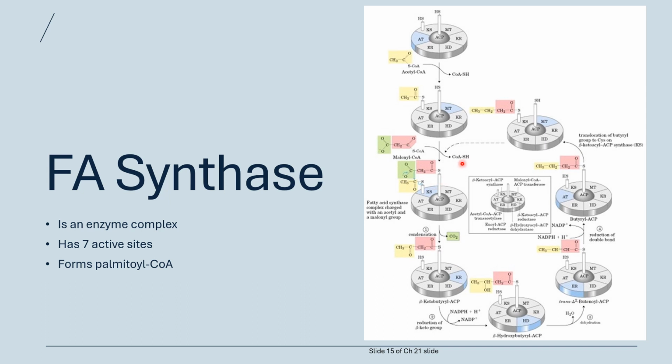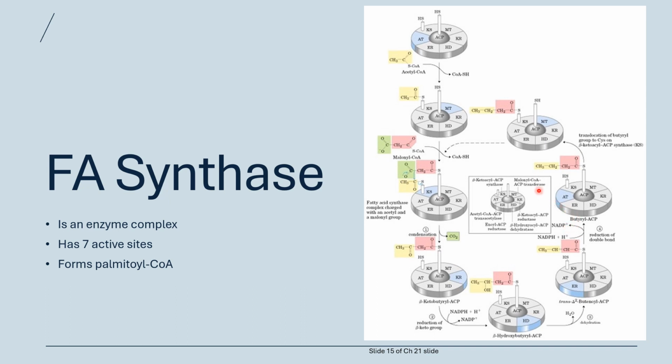But from right here is where we're going to start the elongation process, and eventually it's going to form this product here, and this is going to be a repeated cycle until it forms palmitoyl-CoA, and this is going to be hydrolyzed through thioesterase, and it's going to hydrolyze that linkage between palmitate and ACP.